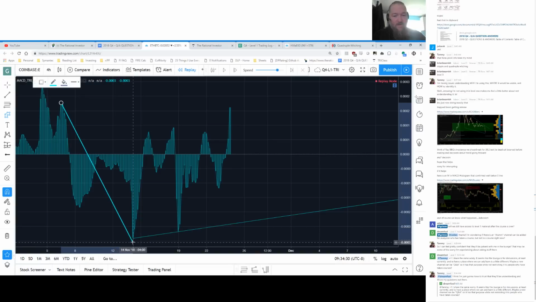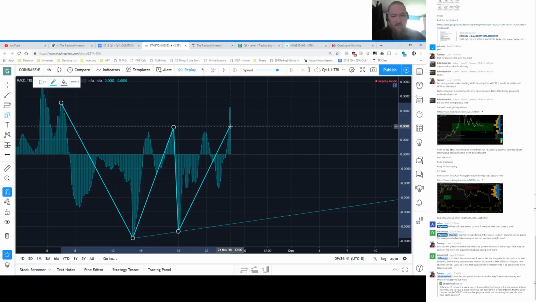So that means we're coming down to here, moving up to here. We really need a break of that high, right, which we don't get until this candle.